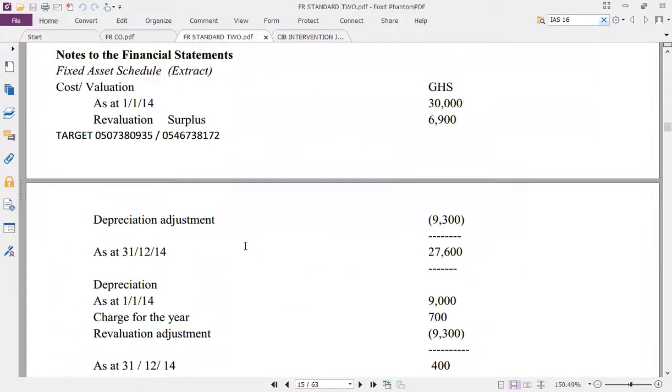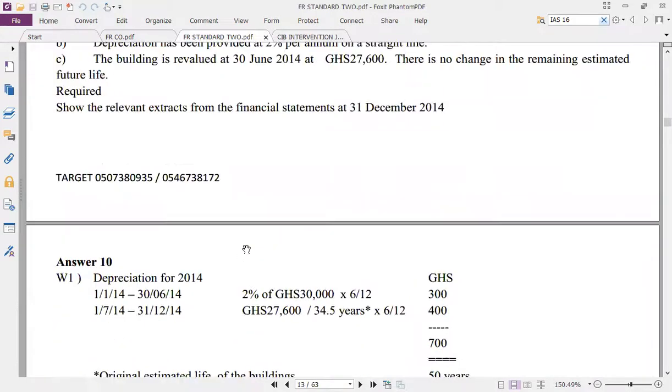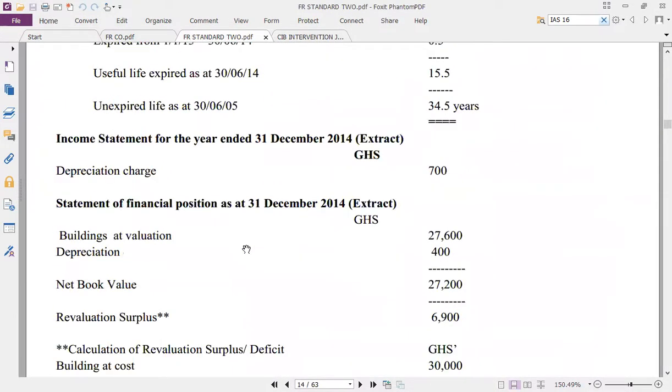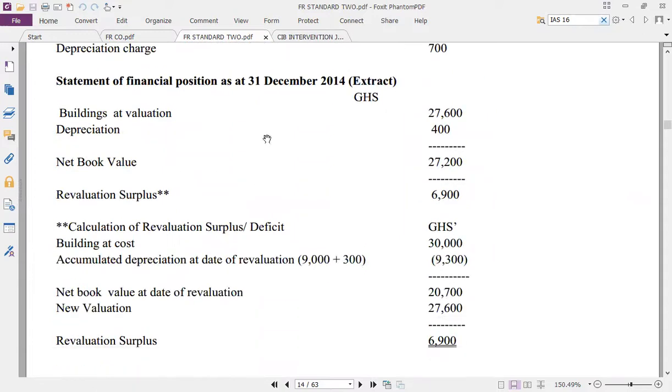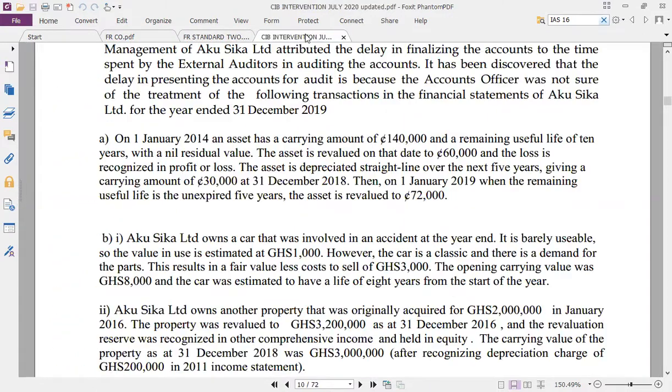There's a particular question here that we have to look at: Akuska. You can do Akuska.